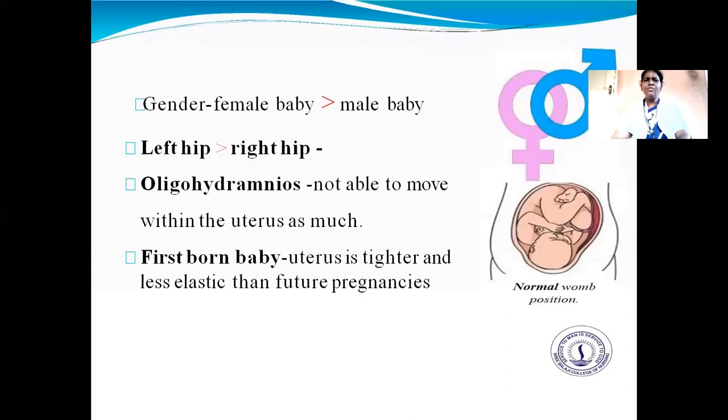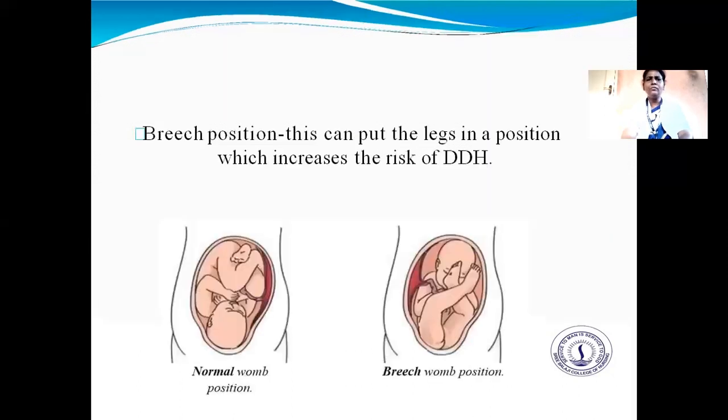Then gender, female babies are affected more than male babies. Then the left hip is affected more than the right hip. Then oligohydramnios, that is decreased secretion of amniotic fluid, in which case the baby is not able to move within the uterus as much. Then first born baby, the uterus is tighter and less elastic than in future pregnancies.